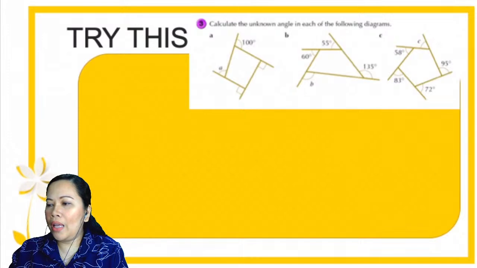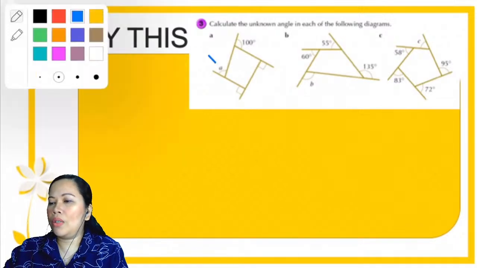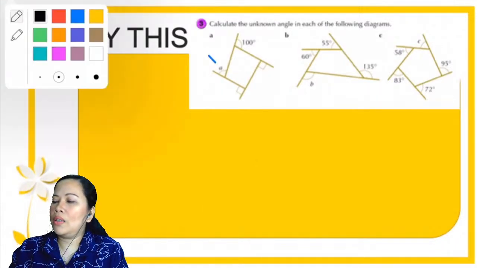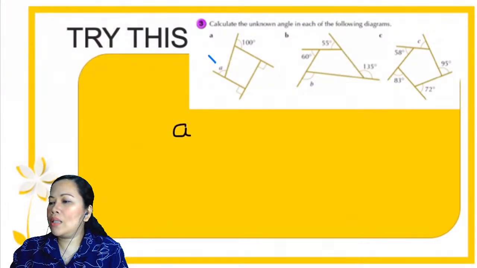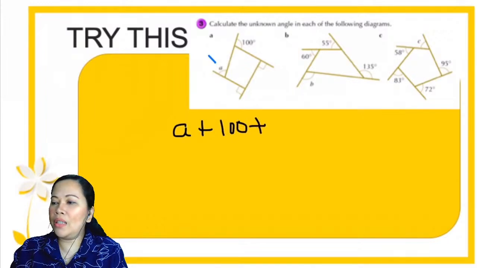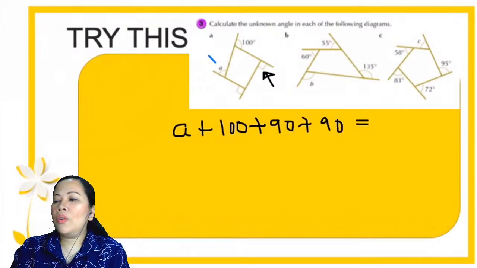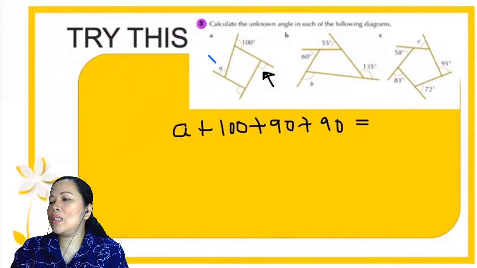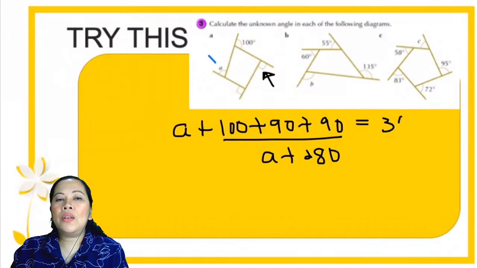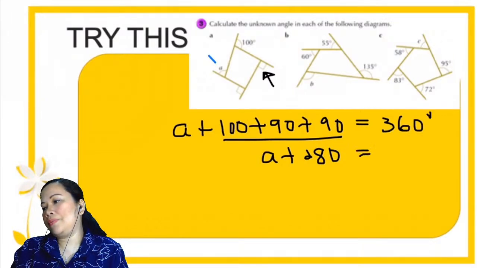So you have A, plus 100, plus, if you see this square here, this is a symbol of 90 degrees. So that's 90 plus 90. So 100 plus 90 plus 90 is 280. So A plus 280 is 360 degrees.